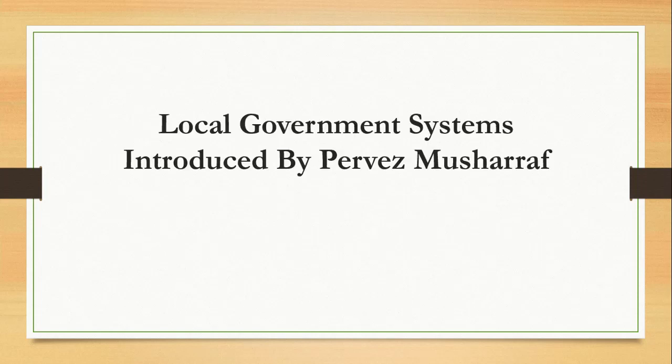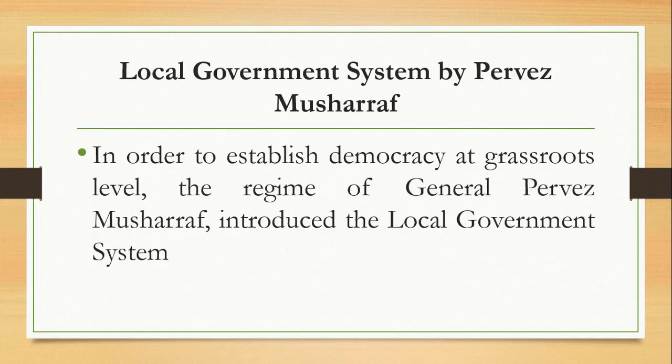So now let me discuss the local government system introduced by General Pervez Musharraf. In order to establish democracy at the grassroots level, the regime of General Pervez Musharraf introduced the local government system.